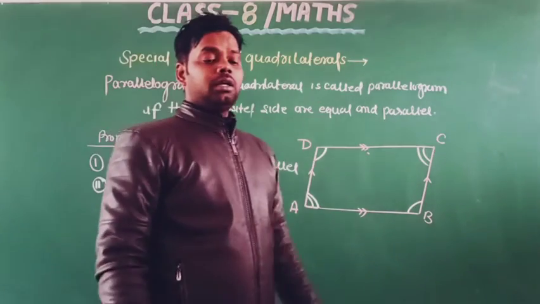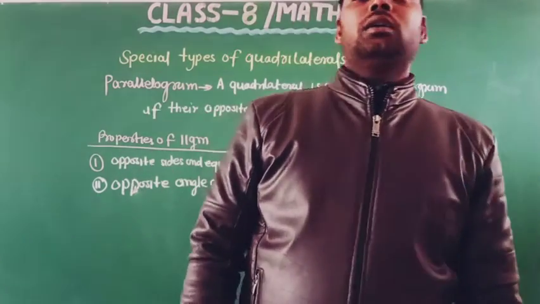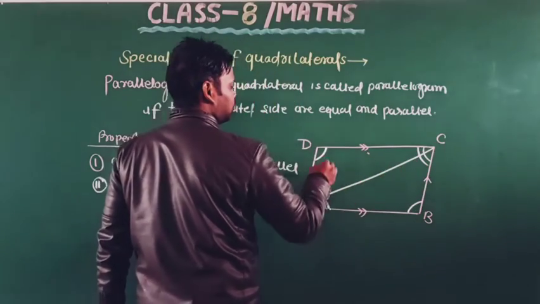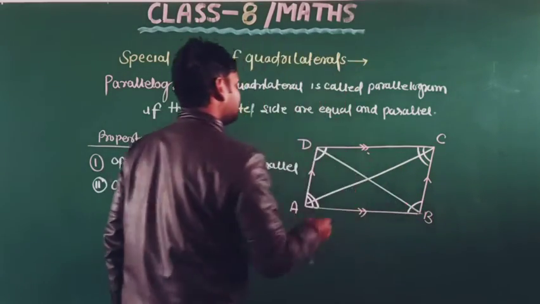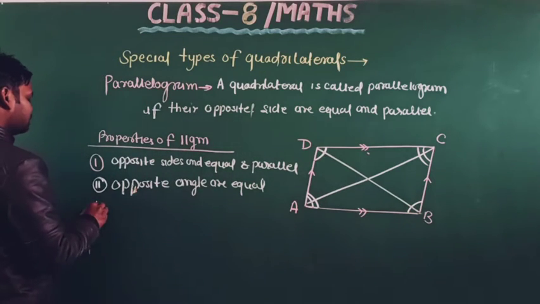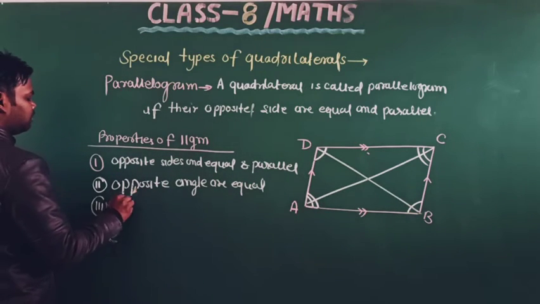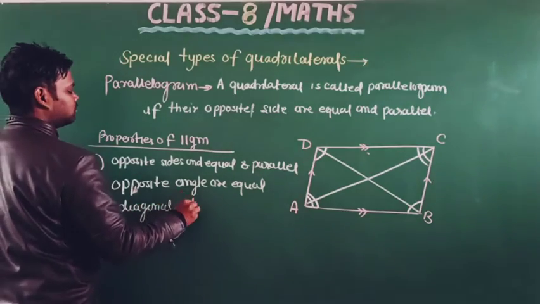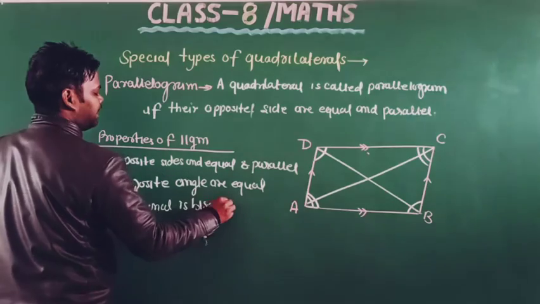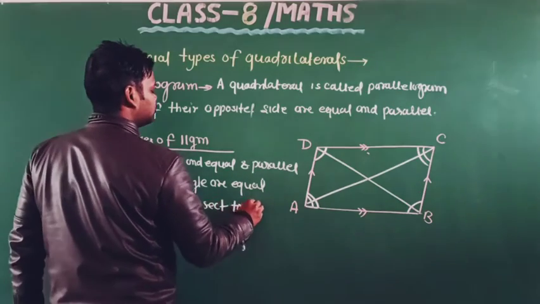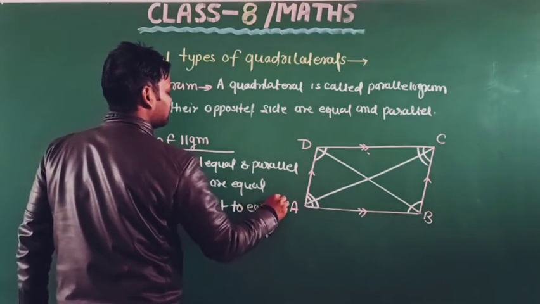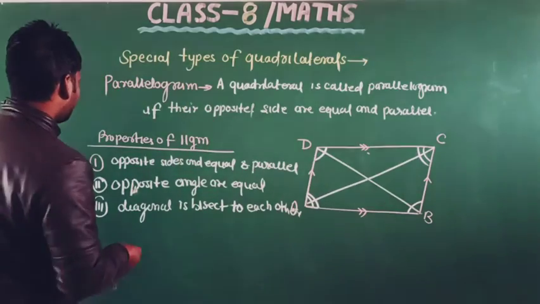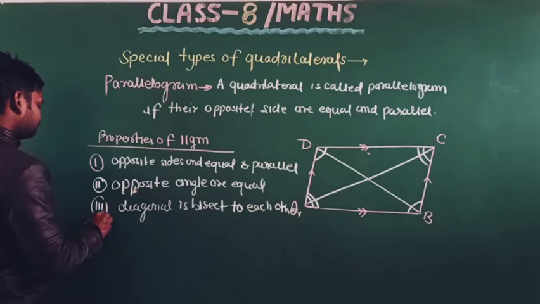The third property: opposite angles are equal and its diagonals bisect each other. In a parallelogram, diagonals bisect each other.